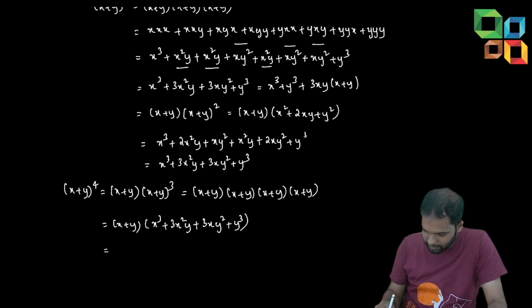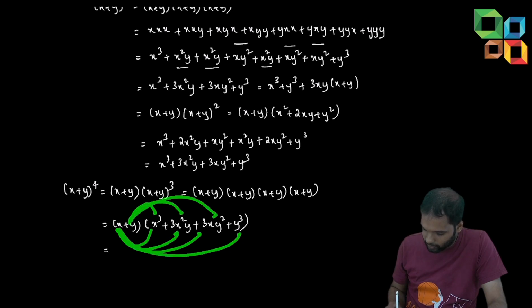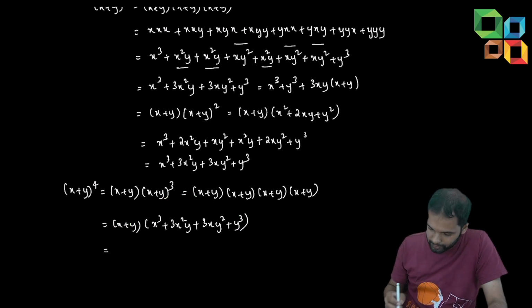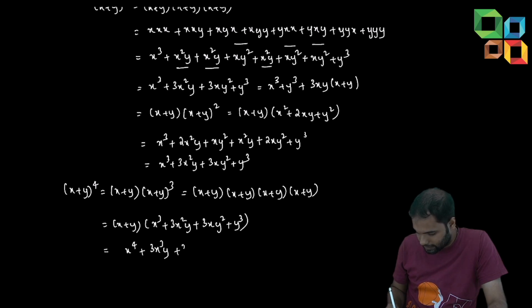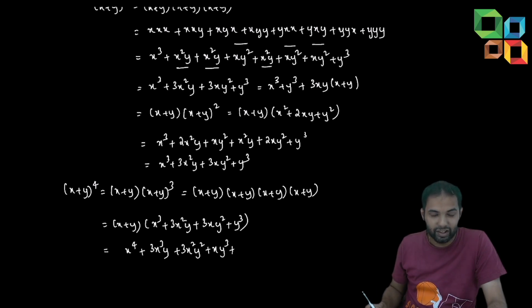If I try to multiply, again, I'm going to multiply x into all of the 4 terms, then I'll multiply y into all of the 4 terms. So it's x power 4 plus 3x cube y plus 3x square y square plus xy cube. We're done with the x terms.